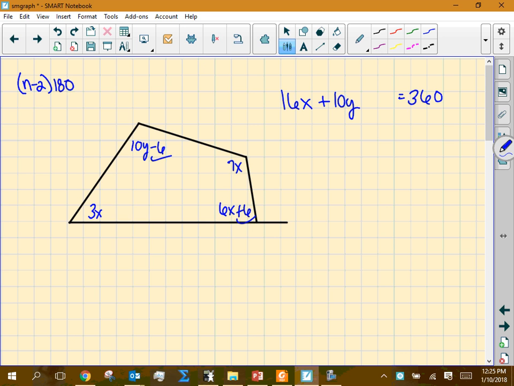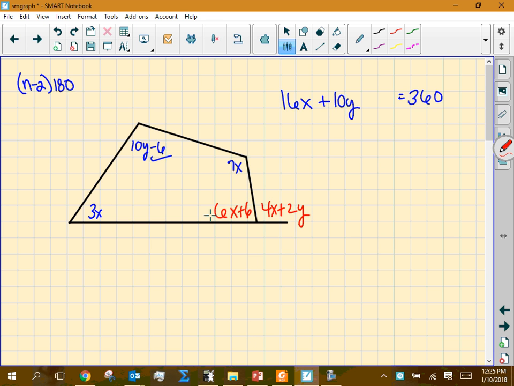Now, the issue with that equation is that there's an x and a y, right? So when you have that occurring, you need another equation. And that other equation is going to be looking at that red expression, or red angle, and that one.